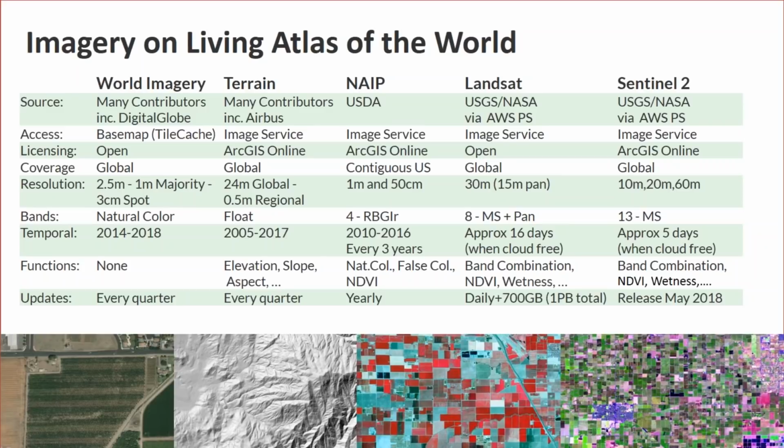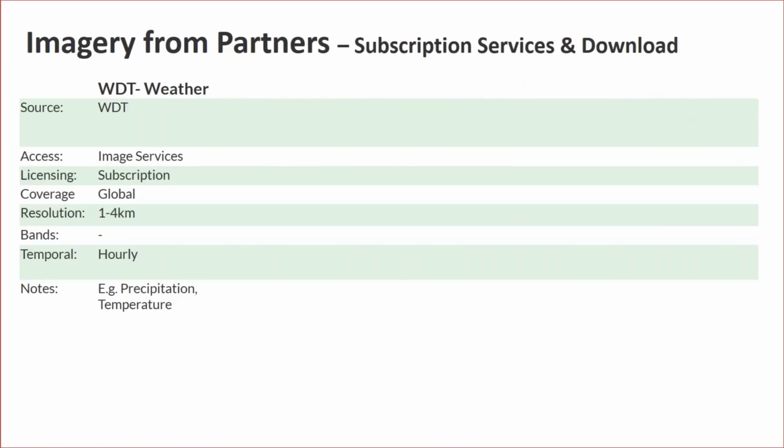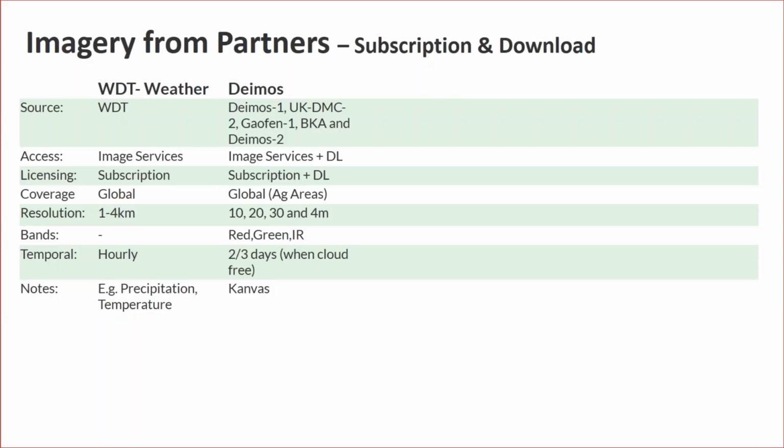So those are from the Living Atlas, but we also have a lot of data sets available from partners. Esri works with a number of data partners that provide various types of imagery, and very often those are services that you can subscribe to or download the data. One of them is WDT. They provide weather information on literally an hourly basis, things like precipitation and temperature.